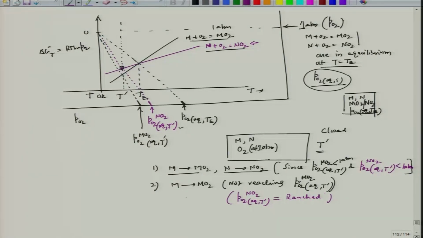So, N plus O2 to NO2 will reach equilibrium.